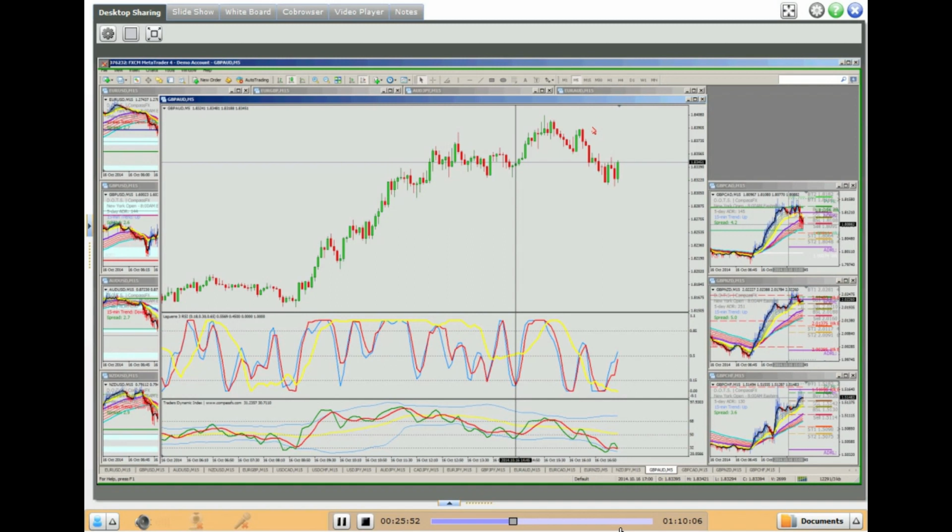Once you do that, you wait for the close of the opposite color candle, which is also the second leg of the M. You draw your horizontal line and a vertical line through it. Once you've done that, go to a 5-minute chart, and you should have everything crossed on the Laguerre and the TDI.